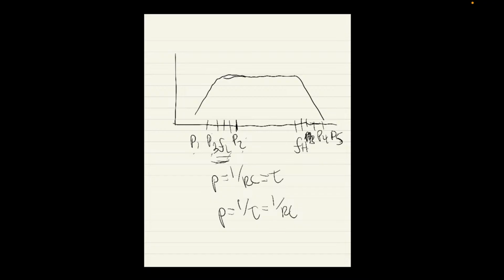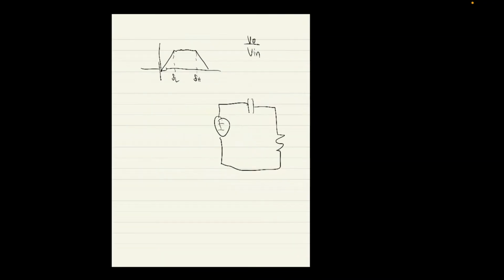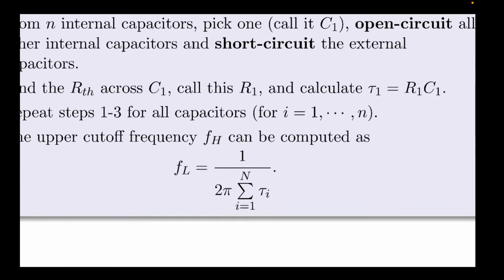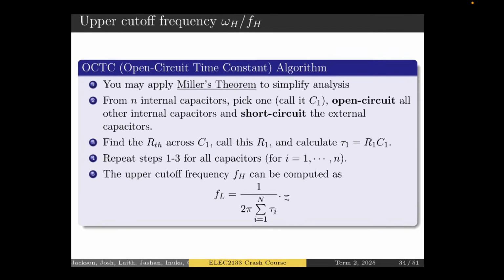And then a dual idea would be these poles right here would give you the lower bound for your high frequency behavior. Now, why is that the case? Well, if I showed you the equation for this, we know that, did I write FL? This is not supposed to be FL, it's supposed to be FH.